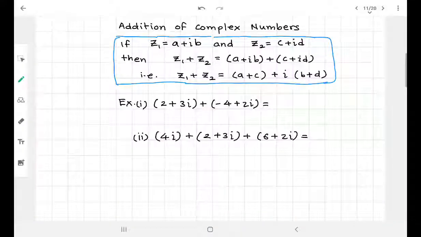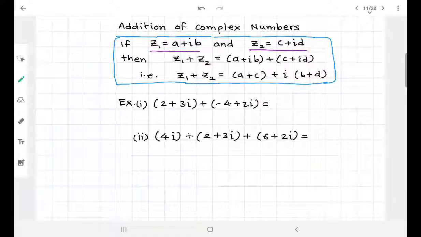Let's move forward and talk about the first algebraic operation, that is addition of complex numbers. So let's say there are two complex numbers given, z1 is equal to a plus iota b and z2 is equal to c plus iota d. If we want to do z1 plus z2, which is a plus iota b plus c plus iota d, so automatically we can get a and c का sum हो जाएगा, that is real part, and iota common निकल के we will have b plus d.